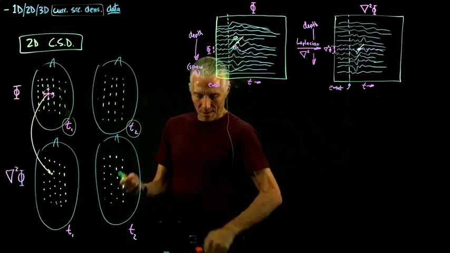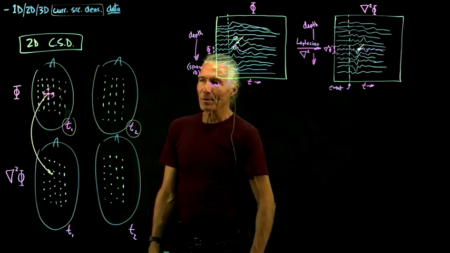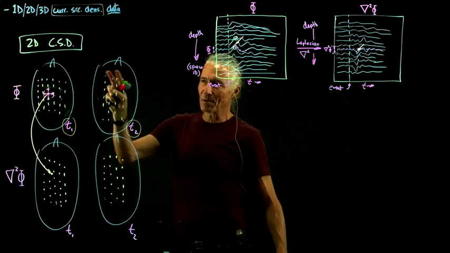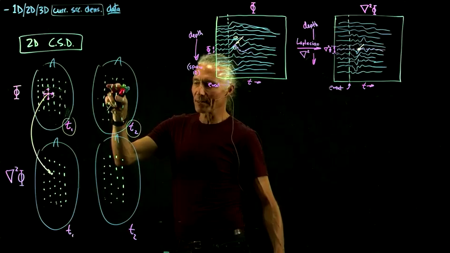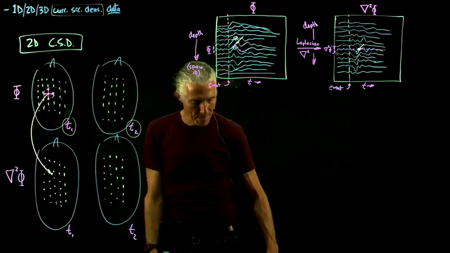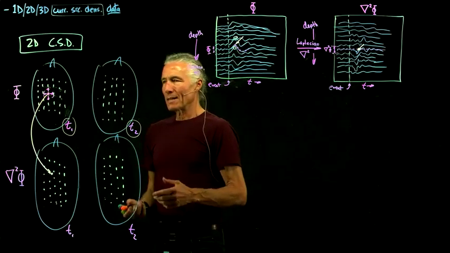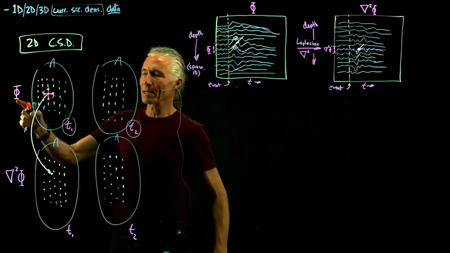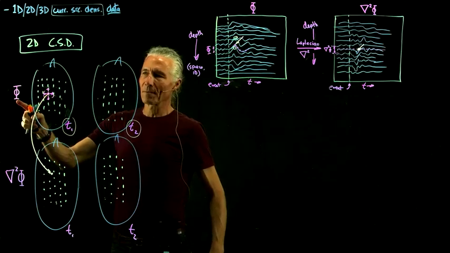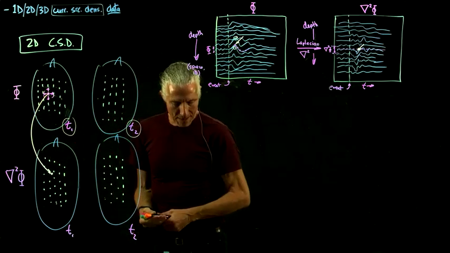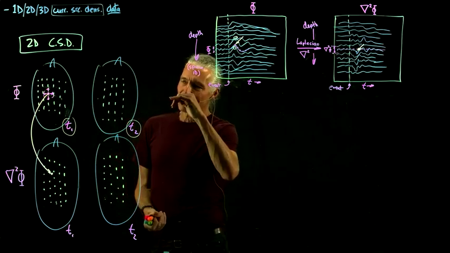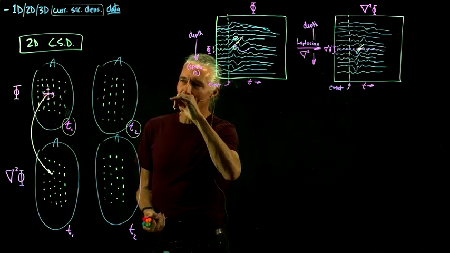So what would you end up with in this case? You'd end up with a two-dimensional spatial picture of sources and sinks. Over time, again, it's going to be a more complicated picture than your basic evoked potential picture, because as we mentioned before, if you have a positive evoked potential, that doesn't necessarily tell you whether it's a source or a sink.